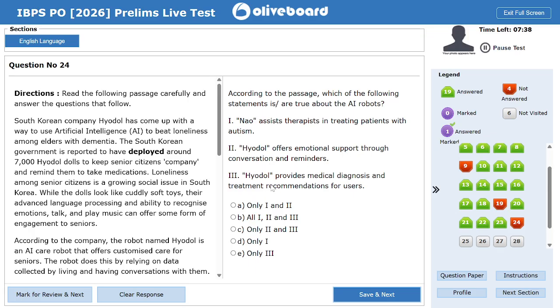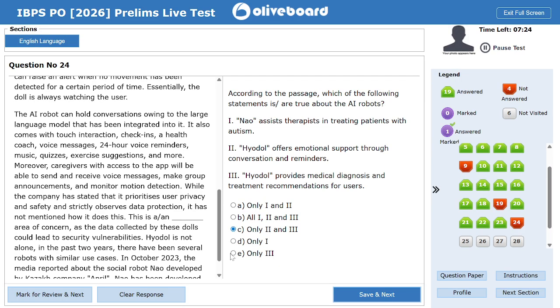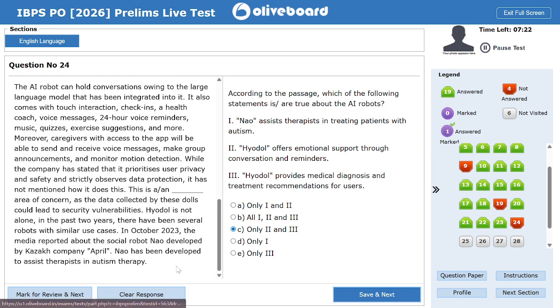Yes, Idol provides medical diagnosis and treatment recommendations for users. No, ye to 2 and 3. Now has assist therapist in treating autism. Now has been developed to assist therapist in emotional therapy.